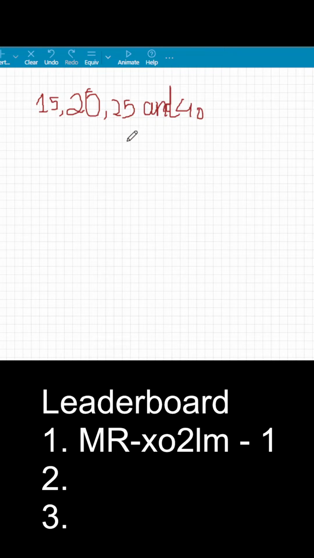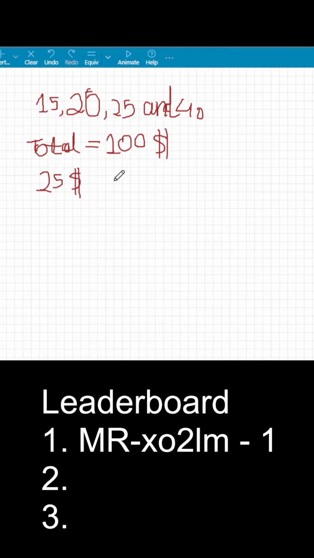So the total earnings would be the sum of all the earnings, that would be 15 plus 20 plus 25 plus 40, which is $100. So that means that if they split it equally among themselves, each of them will get 100 by 4, that is $25.